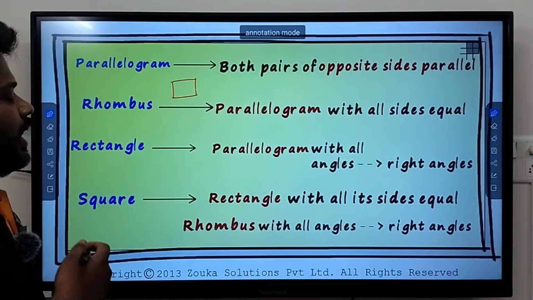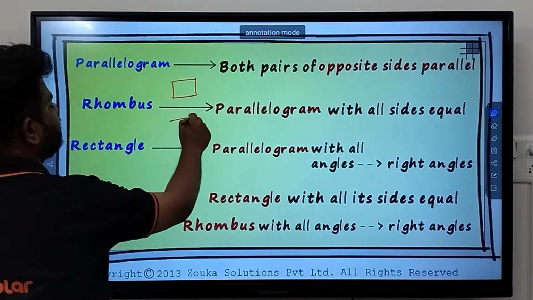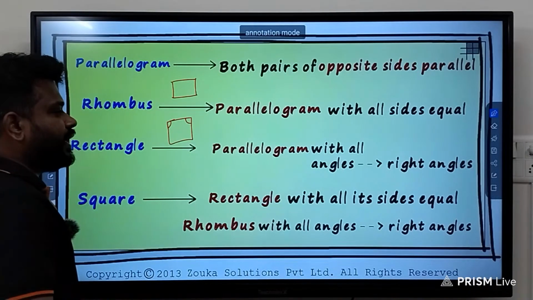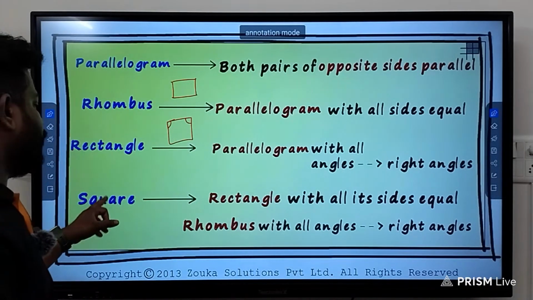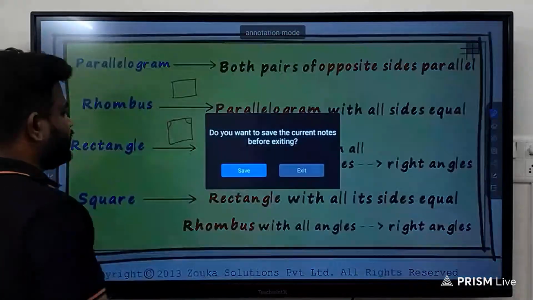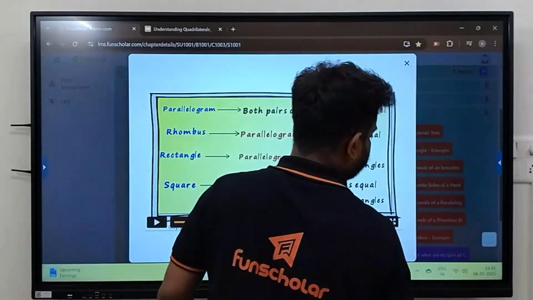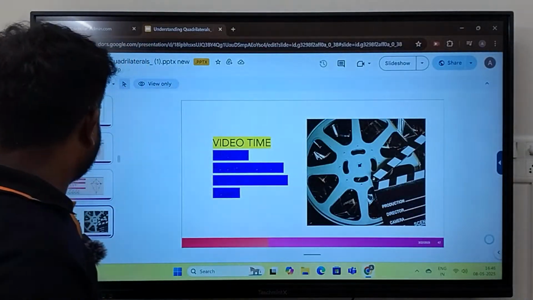And when each side as well as angles are equal, then that will be called a square. So these are all the special cases of parallelogram we were discussing.